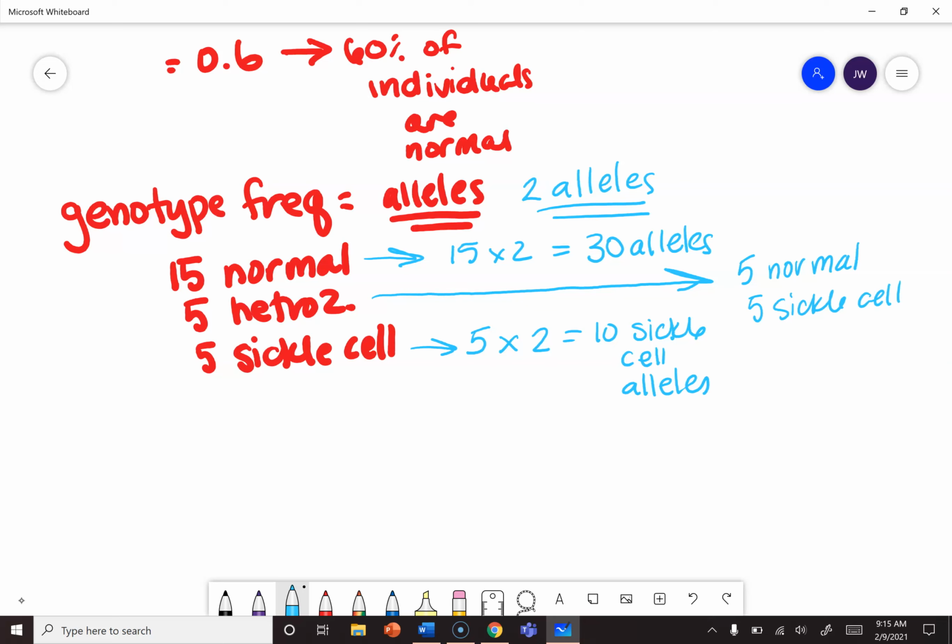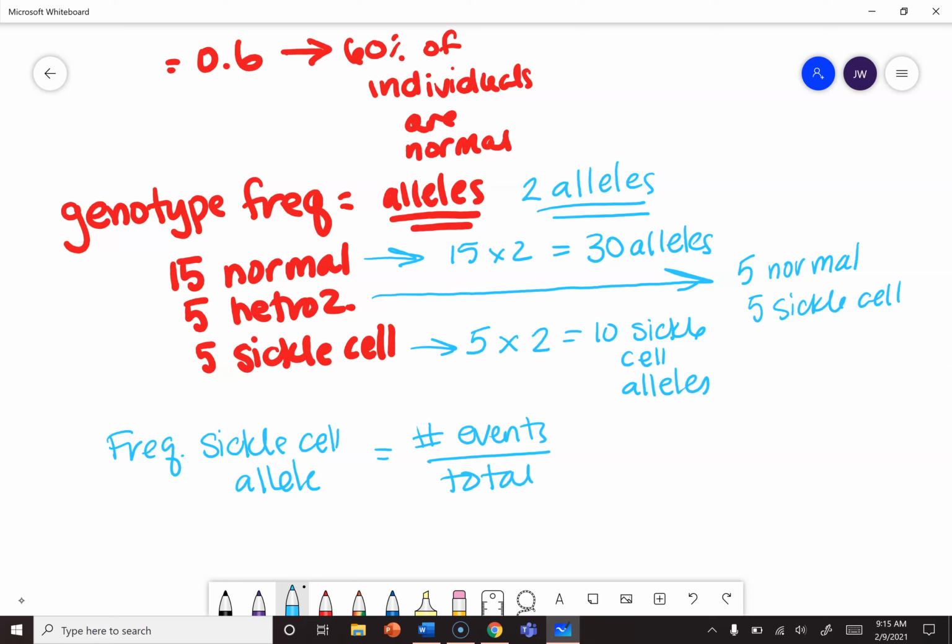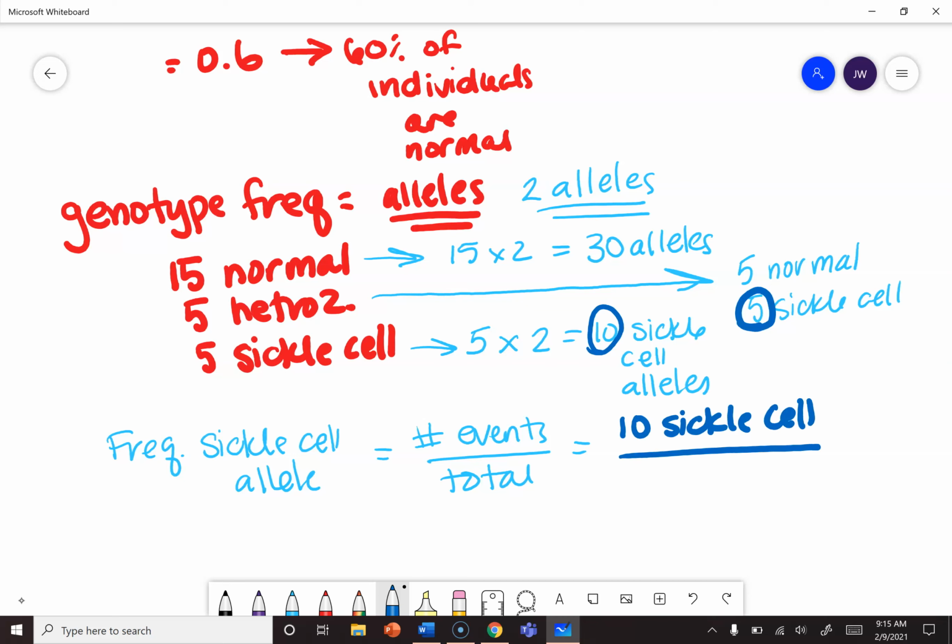So let's calculate the frequency of the sickle cell allele. Remember, frequency is the number of events that you're interested in divided by the total. Let's count up our total sickle cell alleles. We've got 5 sickle cell here and 10 here, so 10 sickle cell alleles divided by the total number of alleles.